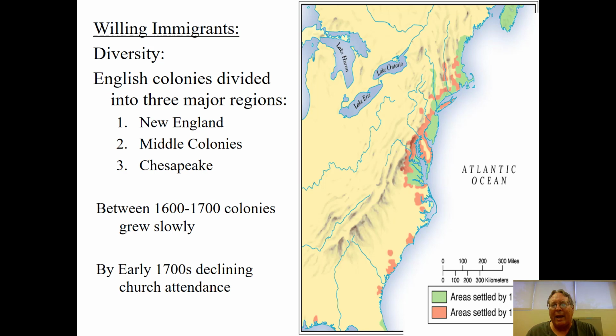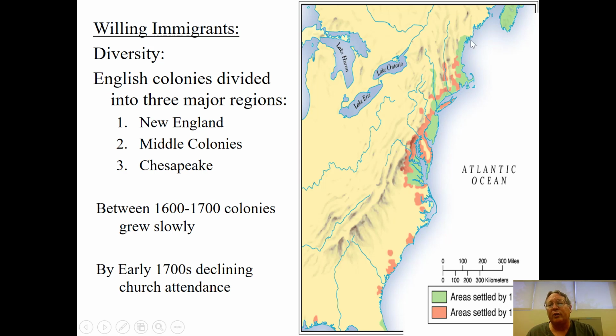If you take a look at this map, the areas in green on the coastline are what are originally settled by the English by the 1650s. And what you see is a few remote pockets of English civilization. You've got the area in the Chesapeake, where Virginia is, and parts of Maryland. You've got these areas right here that have some English settlers, but it's actually claimed by the Dutch in the 1650s.